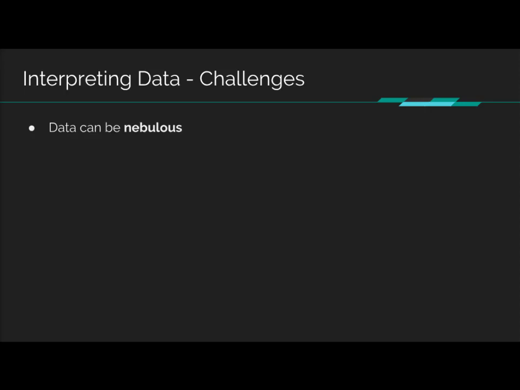Well, there are challenges inherent to the data analysis process that can make it really difficult for humans. First off, data can be nebulous. What do I mean by that? Difficult to interpret. So if you're looking at a chart of numbers from a questionnaire filled out by 200 people, even if you know all your descriptive statistics and you're looking at the broader patterns, it can still be really difficult to read in what it is you're trying to find out.